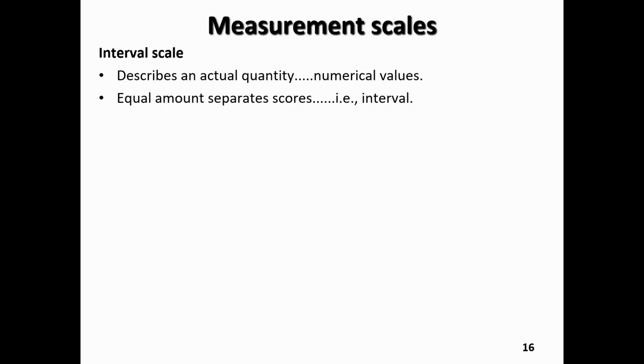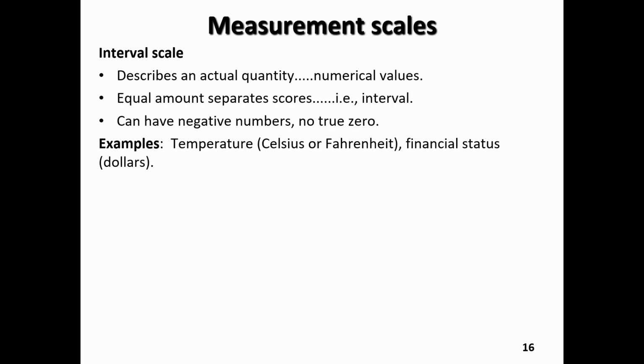And the interval scale is named according to the fact that there is an equal interval that separates the scores. The interval scale is unique in that it can have negative numbers, and there's no true zero. Rather, zero serves as a reference point for the other values.